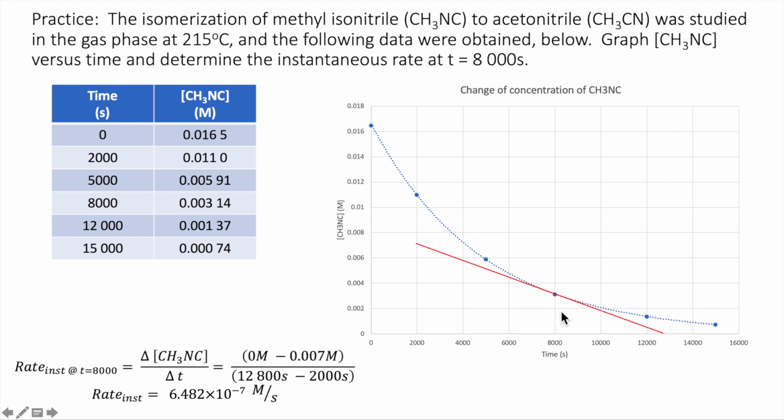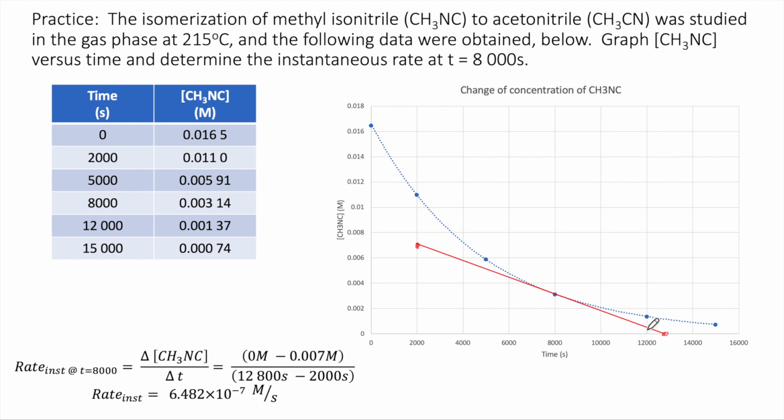So all you have to do is, again, just take your final minus your initial here. If I drew this line like I have drawn here, this would be my final, and this will be my initial values. And if I take the time at this point right here, and this is my time at my initial one, that's where I got these two values down here.